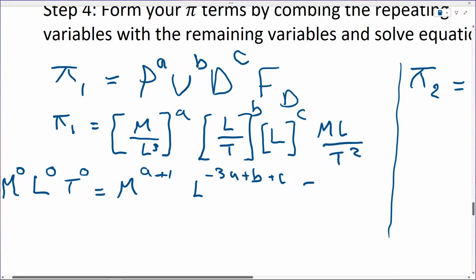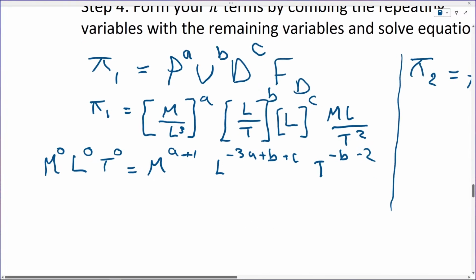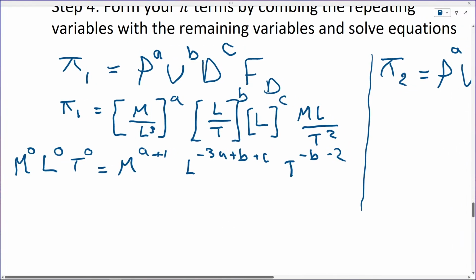So what I did here is group all the M, L, T. To make this equal to 0, this needs to be minus 1, for example. You just equate the power of all primary dimensions: I equate this to this, this to this, and this to this.